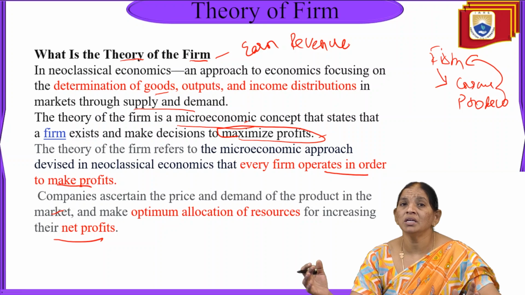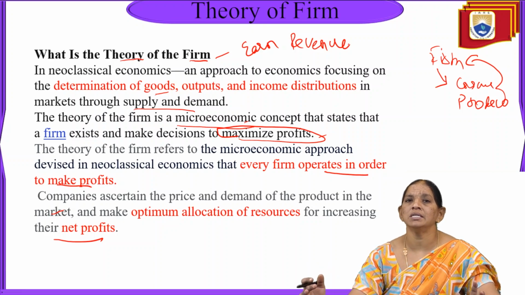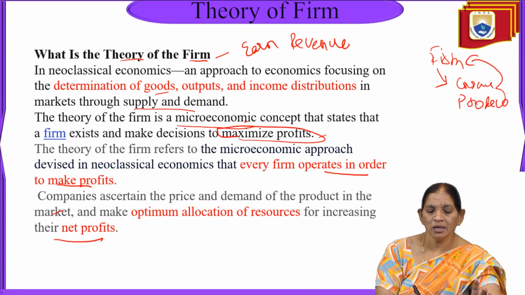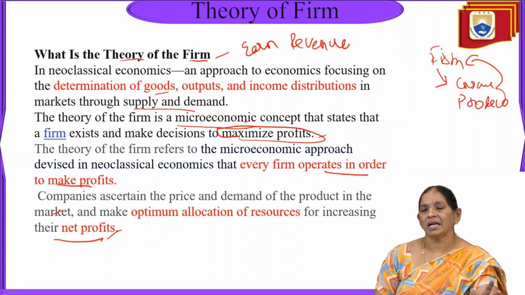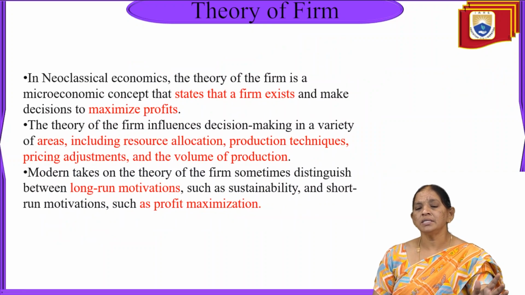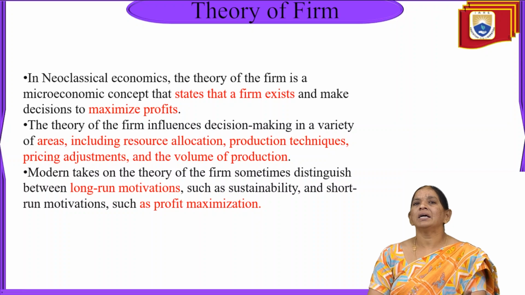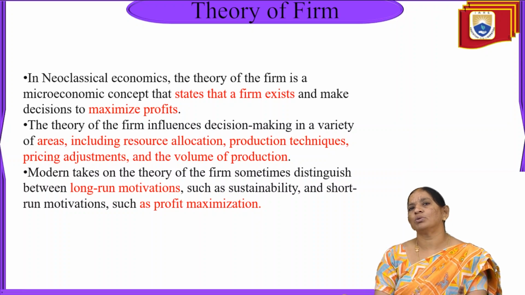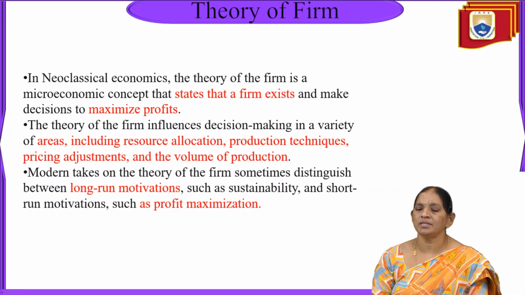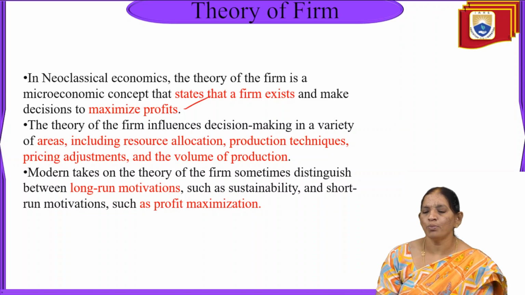And they do all this in order to increase their net profit. In this theory of the firm, as a micro concept, it states that a firm exists and makes decisions for maximizing profits.